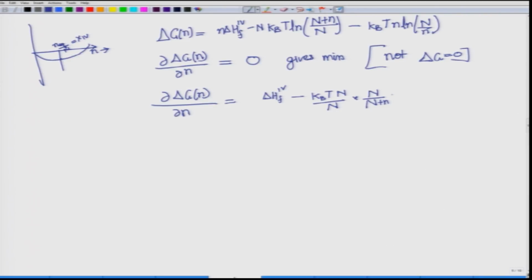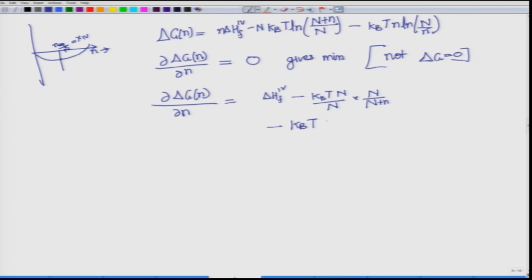Now let us go to the third term, which is minus k_B T. There is n at two places, on the outside and the inside, so we will have to do it by parts.